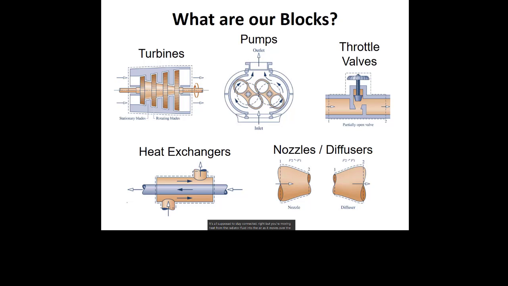Right? And then we have nozzles and diffusers. They're interested in changing kinetic energy. And you may or may not have seen these, but the way I like to think about this is with a garden hose. So maybe you've done this with a garden hose, right? It doesn't have any attachment on it, but you use your thumb and you cover part of the opening.